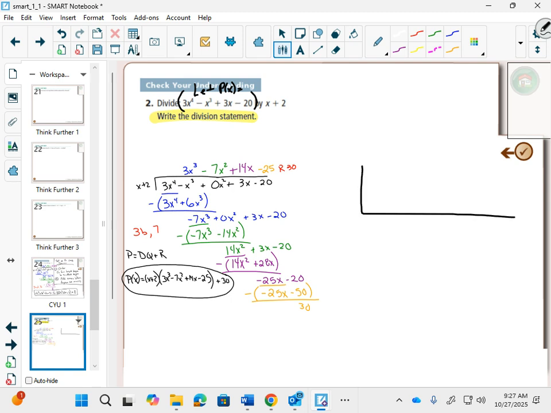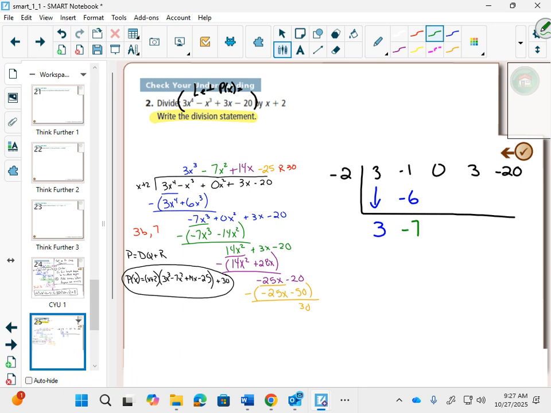Start like this. I'm going to write the numbers 3, minus 1, 0, 3, and minus 20. And outside, I'm going to write minus 2. To help you with your shortcut, I'm going to even use colors. Bring down this 3. Then I'm going to write a minus 6 here and get minus 7.